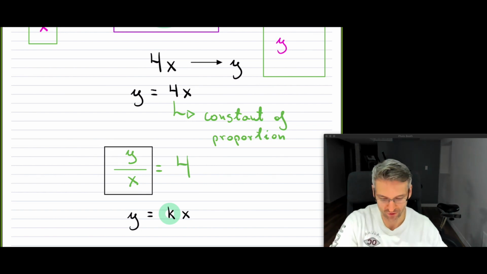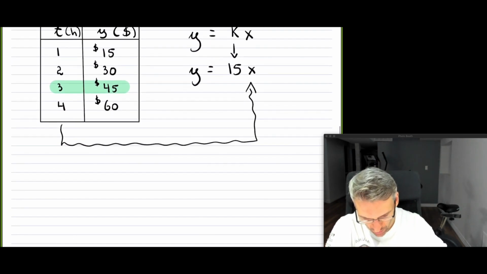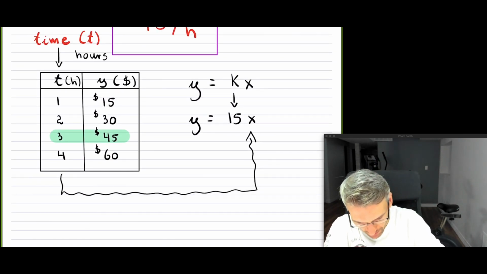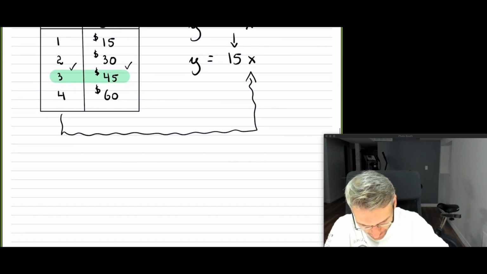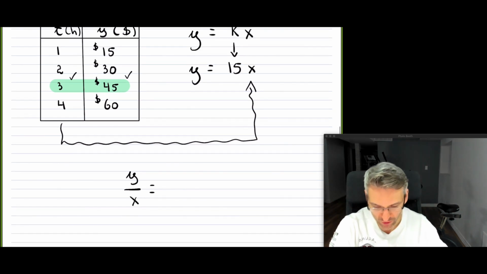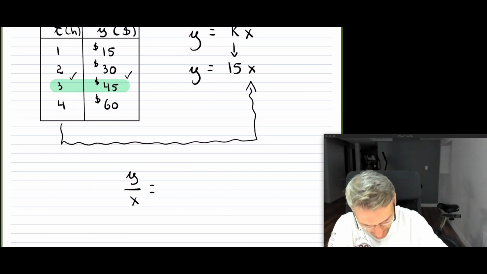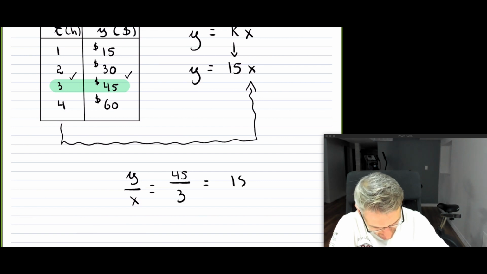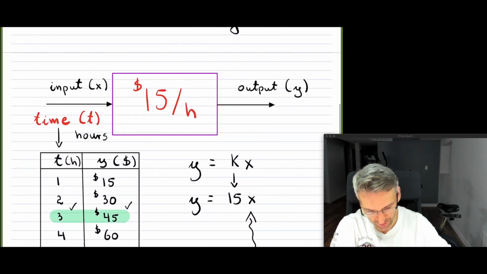So y over x. If you take y over x, my y is 45, and my x is 3. My input x is time. So notice, it doesn't matter which line you take from here. If I take 45 and divide it by 3, I will get 15, which is my constant of proportionality.